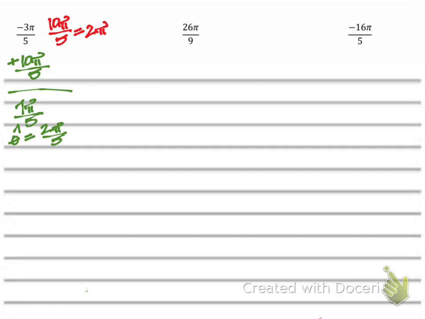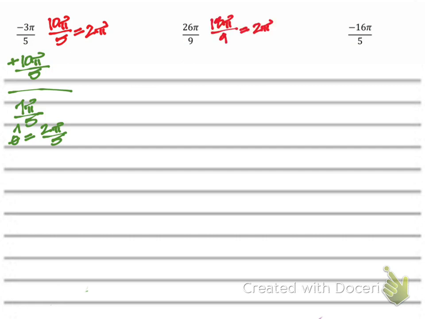If you need to do the actual formula and plug it in every time, do it. But I really want you to work on kind of visualizing it and understanding what we're talking about. We're really talking about the distance from that x-axis. So it's either going to be from 0 and 2 pi on the right, or how far it is from pi on the left.